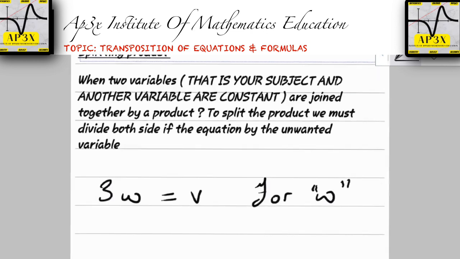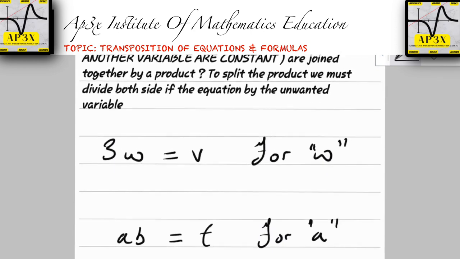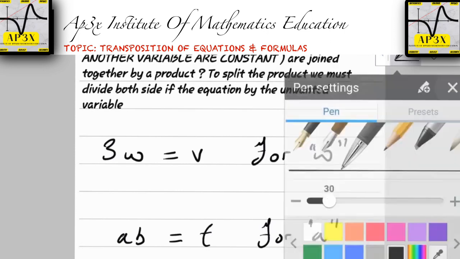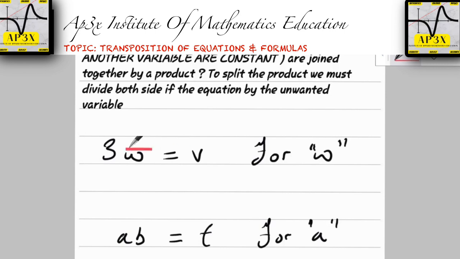In the first part of this video, you might have seen me do a quick example of that, but let's look at it. We end up here with 3w equals v, and we need to isolate w. That means we need to get rid of the constant 3. So we divide by what we do not want, which is 3.